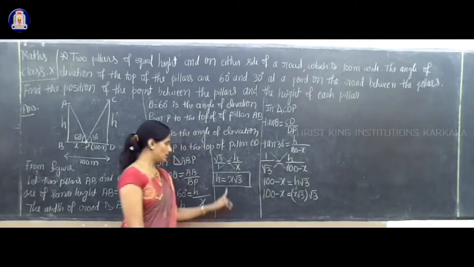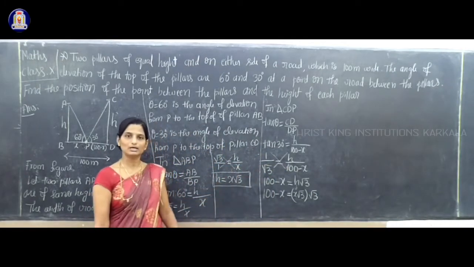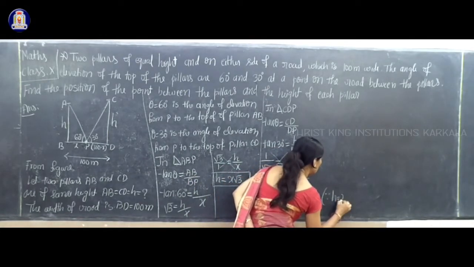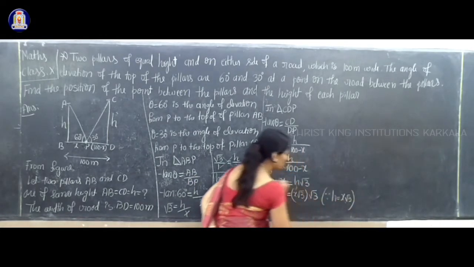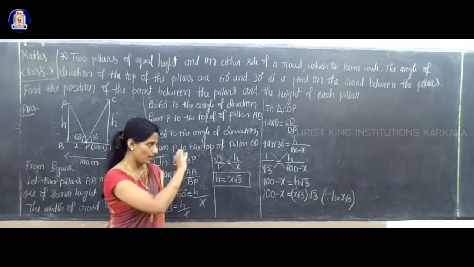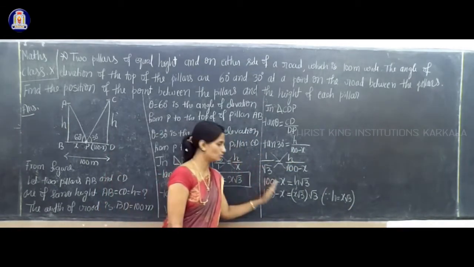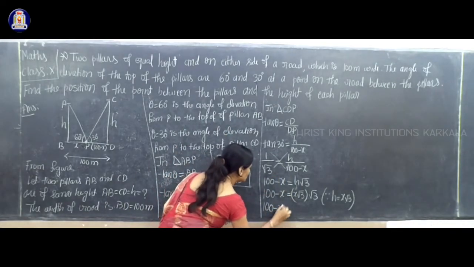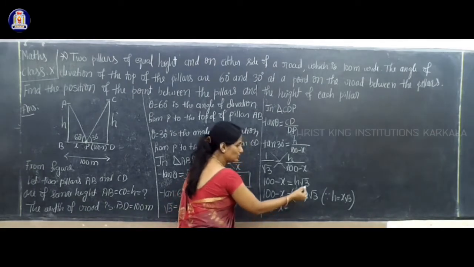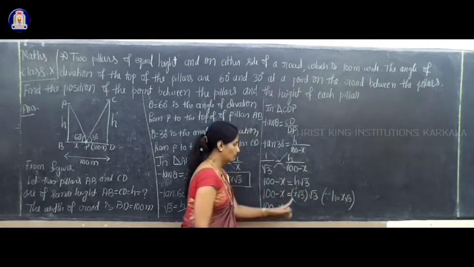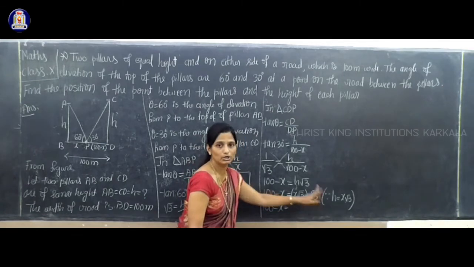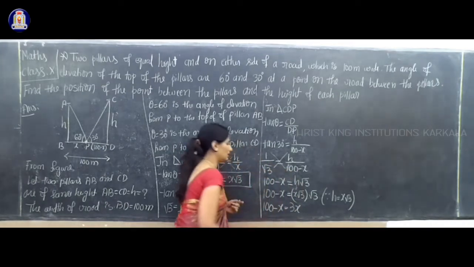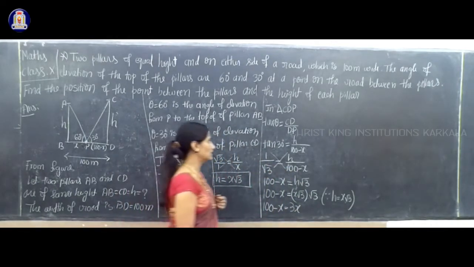Now 100 minus x is equal to x into root 3 into root 3. You know what is the value of root 3 into root 3? That is equal to 3. 3 into x is 3x.